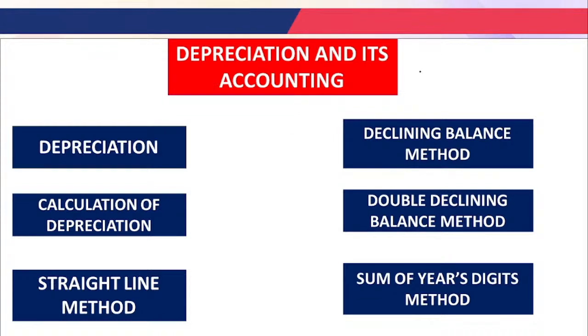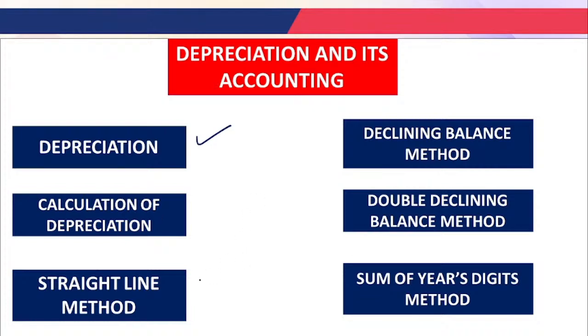Now, another chapter that is the most important chapter. You will get multiple questions from this depreciation chapter. What is depreciation? Why do a company, a business, or the banking industry use depreciation in its business? And how do we calculate depreciation?